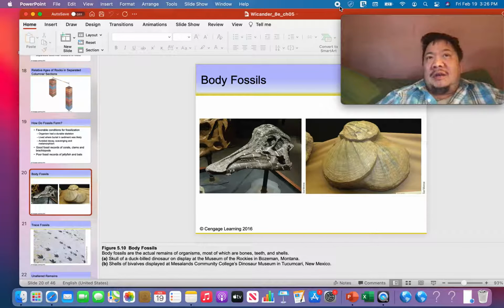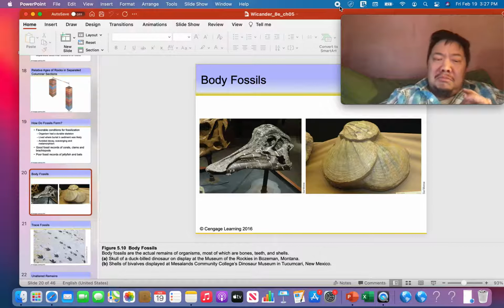Because if rapid burial doesn't occur, even those hard body parts will get consumed. Think about what happens to the bones of that roadkill again. Other animals are going to start to eat the bone, chew the bones, and take the marrow out, and it'll start to break apart as the elements start to destroy it. I think about my dog outside right now. She would love it. She loves bones. I'm sure your dog does too.